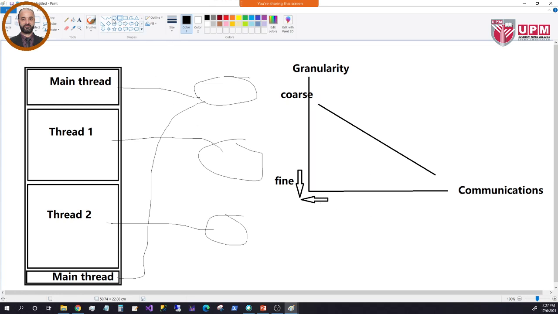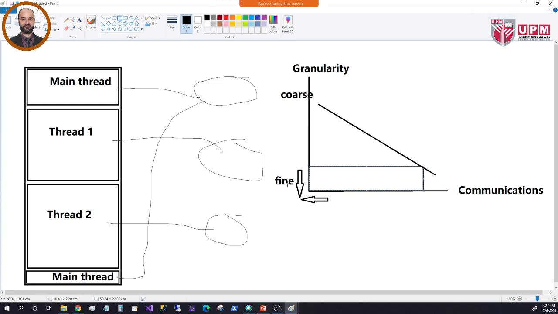But what if we take this dot here? In this case, the communication is the x-axis, right? The communication is very high, but the granularity is very fine, because the granularity is here very low.